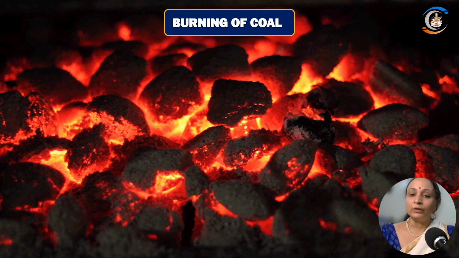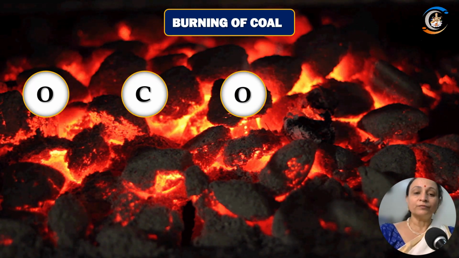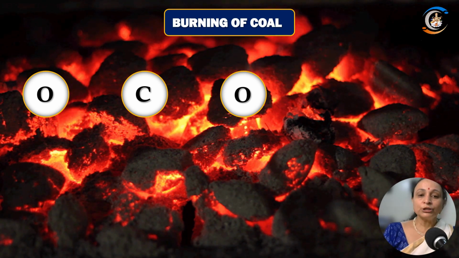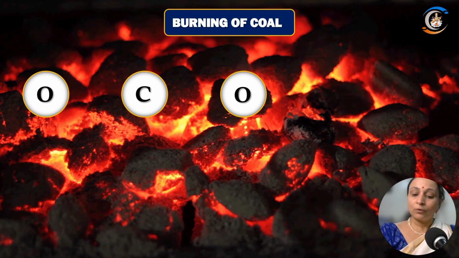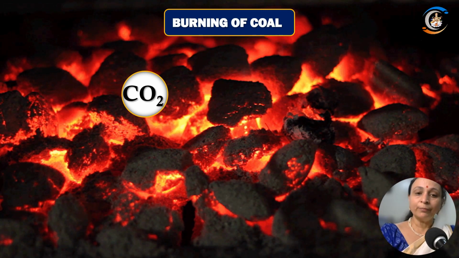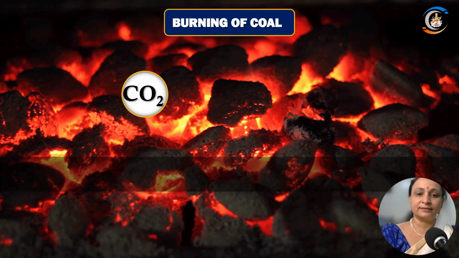Burning of coal. What happens in the burning of coal? We have carbon, which is the coal, and oxygen, which helps in burning. If they both combine, they give us carbon dioxide, right?